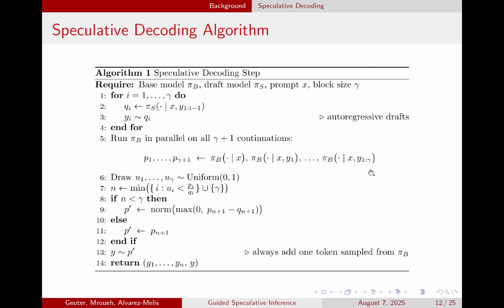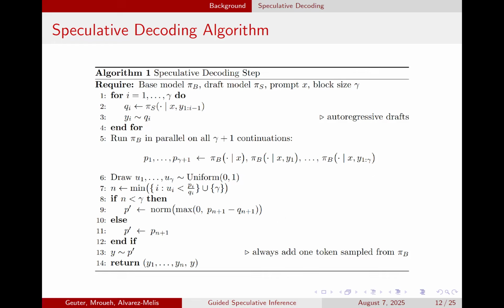So we have gamma forward passes through the small model, and only one forward pass through the big model. Then what we do down here, if you know how rejection sampling works, is essentially rejection sampling, just that you do this for k tokens in a row. We don't have to look at the formula in detail, but essentially it selects a number n of tokens from these gamma tokens that the small model generated.